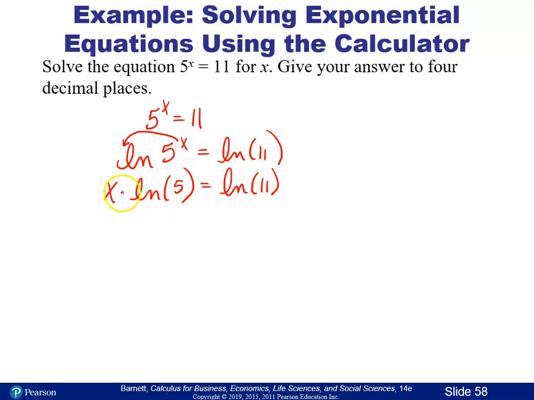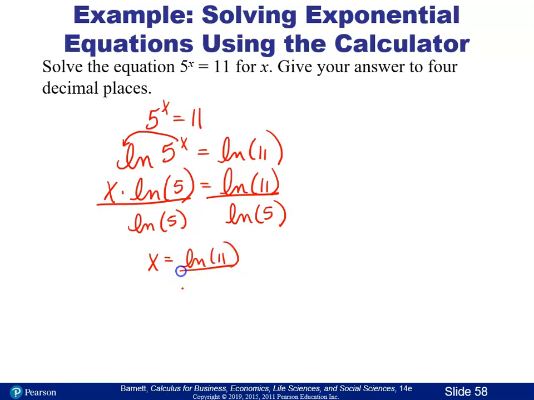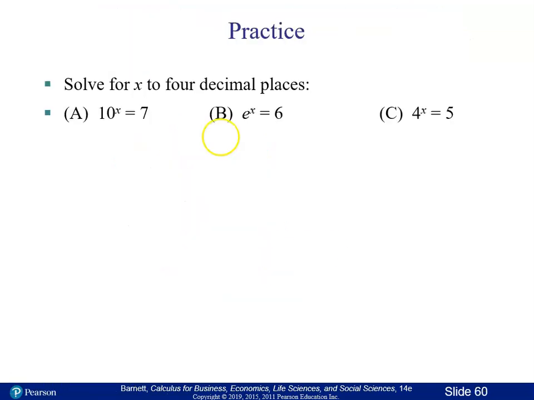And that's very helpful because if we're trying to get x by itself, then all we really need to do is divide by the ln of 5 because this is just a number. Okay, so x is going to be the ln of 11 divided by the ln of 5. So it looks like 1.4899.